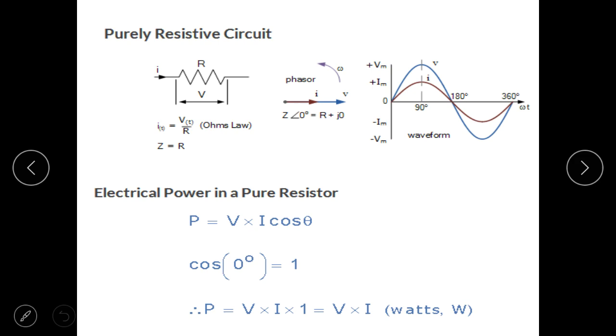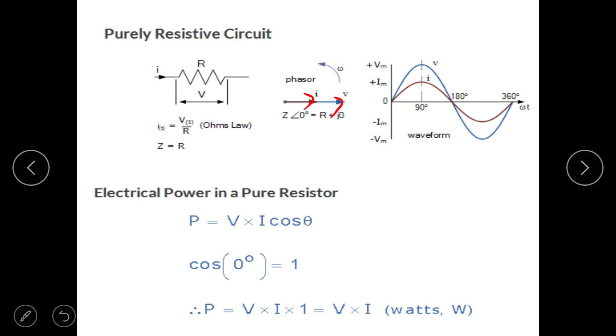Now power in a pure resistive circuit. In a pure resistive circuit, we know that voltage and current both are in the same phase. So theta V minus theta I, the difference of angle between voltage and current, is equal to 0 degrees.